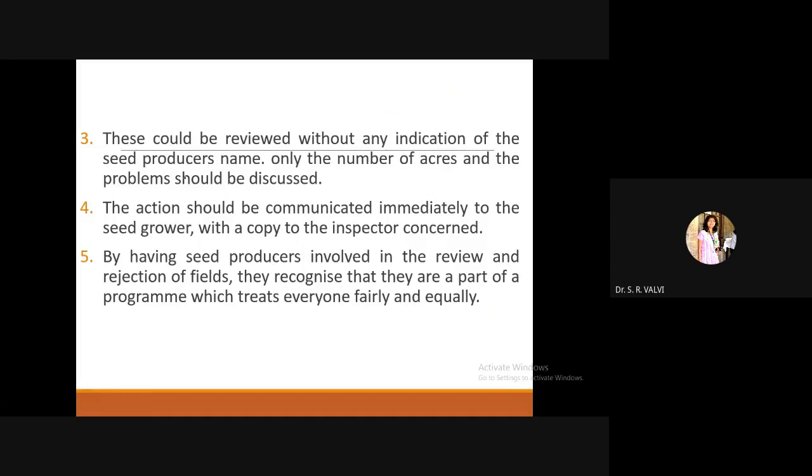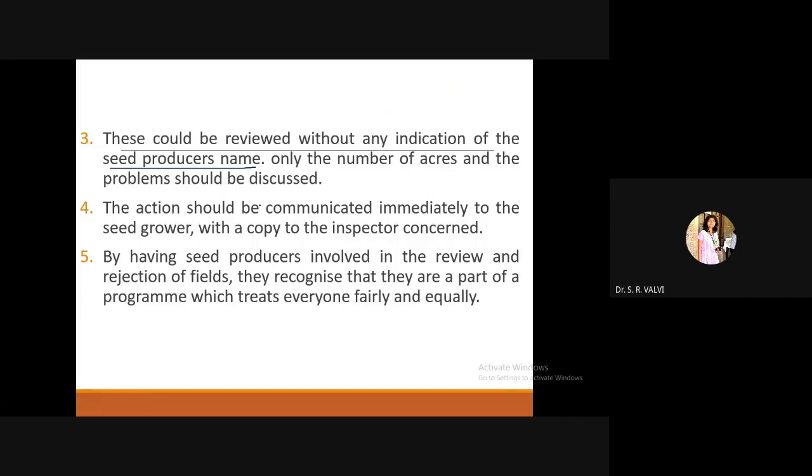So we are not going to deal with the producer's name. We are going to deal with the land, which kind of seed it has grown, and the minimum standards fulfilled by that crop. So only the number of acres and the problem should be discussed.